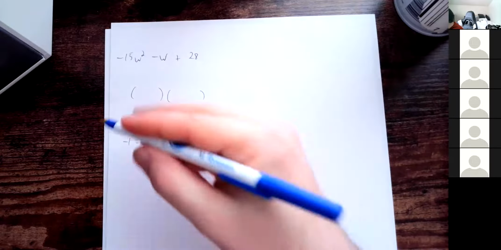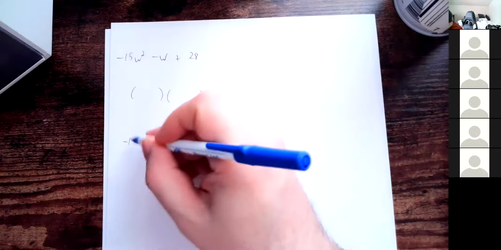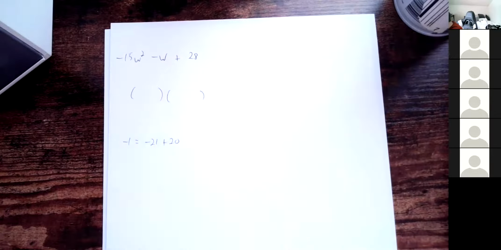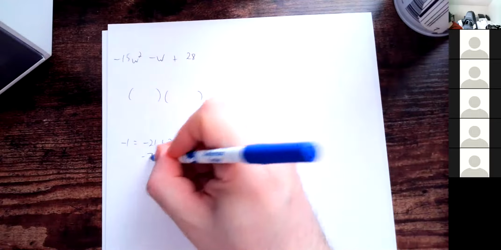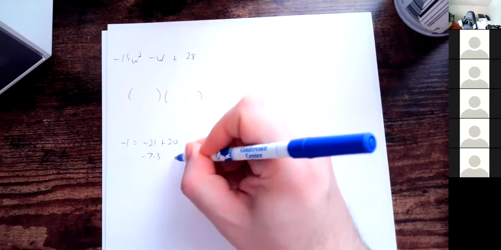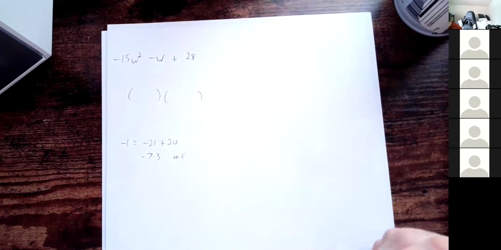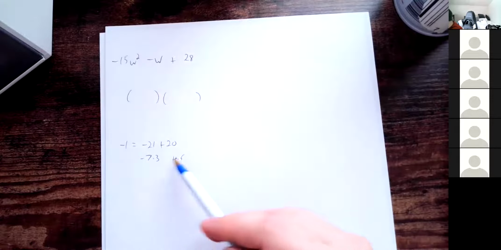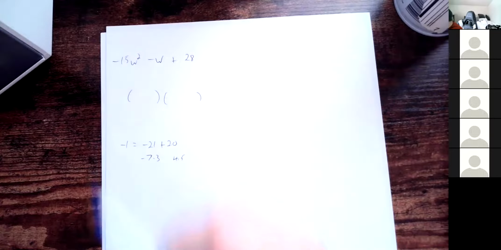I was thinking, well, negative 1 is like negative 21 plus 20. And that made me think this is like minus 7 times 3, and that's like 4 times 5. So these are all factors that go here or there.